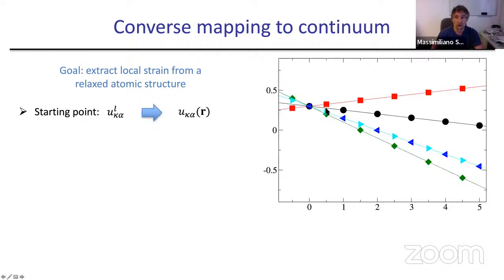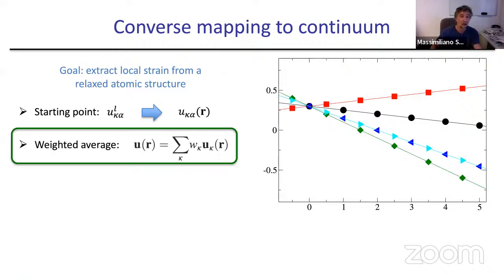The first thing we do is interpolate the atomic positions with some lines, the sort of macroscopic approximation to this set of lattice distortions at the level of the single sublattices. And then what we find out is that to get this into a strain, we need to do a weighted average over the sublattices.